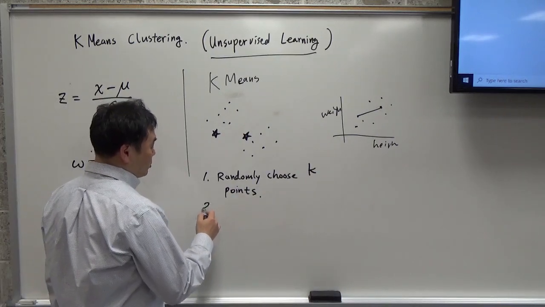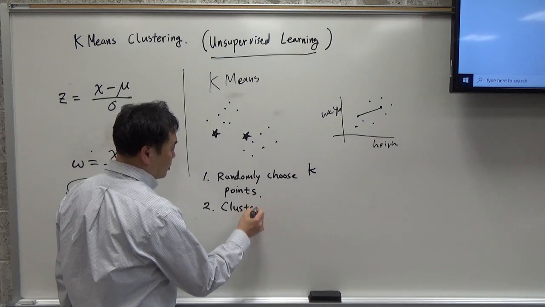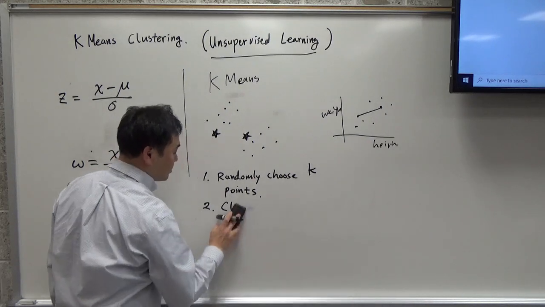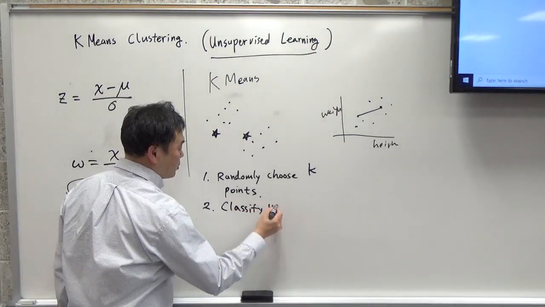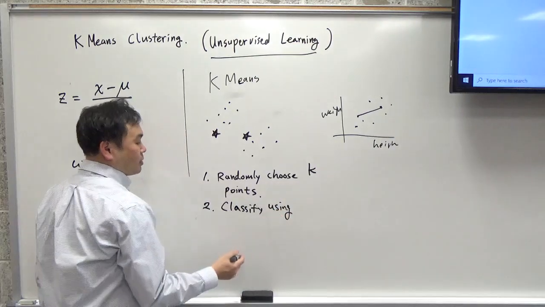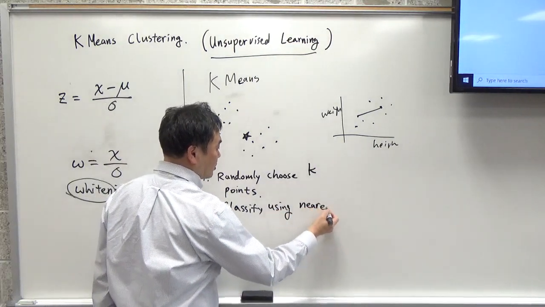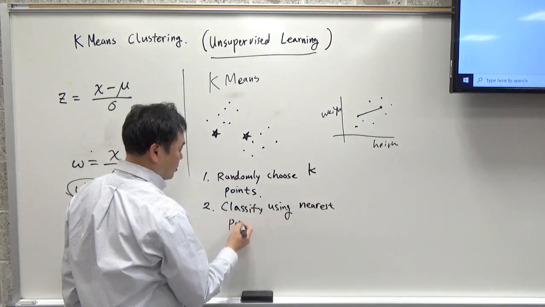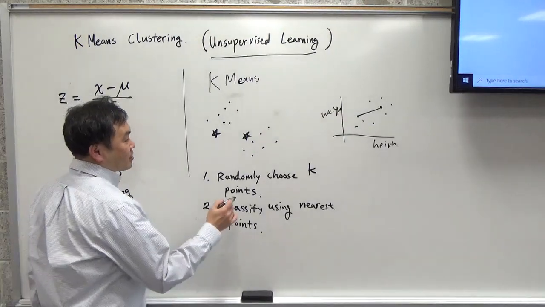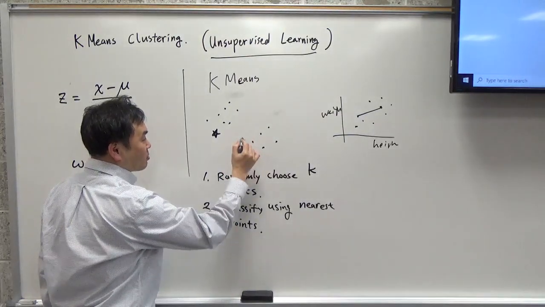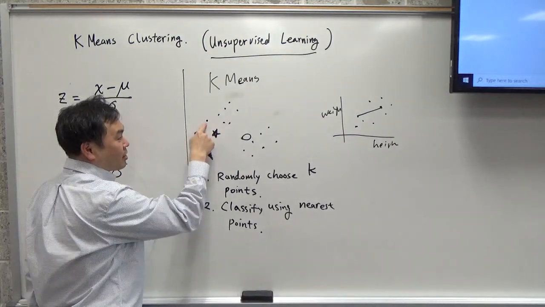Then what you do is cluster or classify using nearest points. So what I mean is that, let's use a circle for this one. So this point is closer to the star than the circle, right?